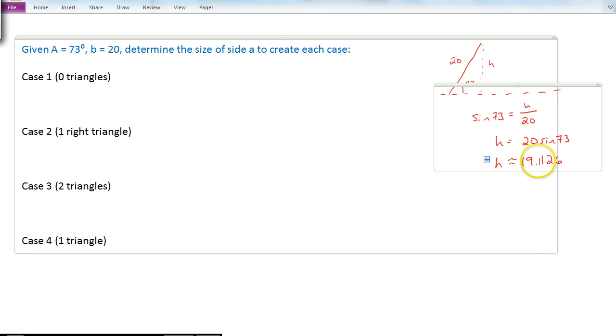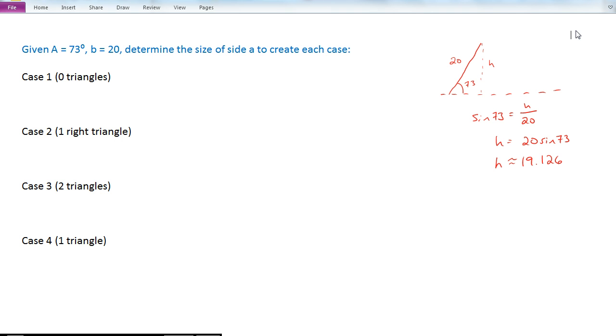So if I want to make 0 triangles here, how must side A be? So I'd like to have the picture that looks like this. Here's my horizontal. Here's my 73-degree angle. Here's 20. And I'd like for side A not to reach.